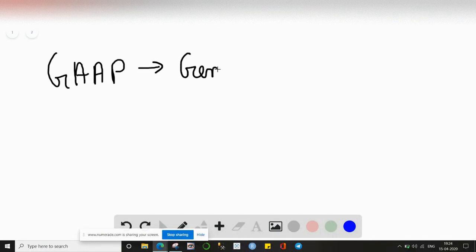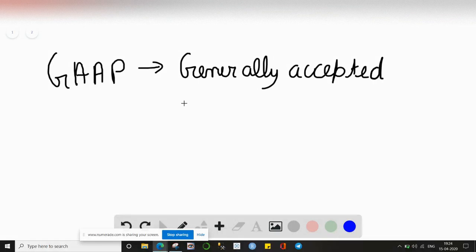And what are such standards called? They are known as GAAP, which stands for generally accepted accounting principles.